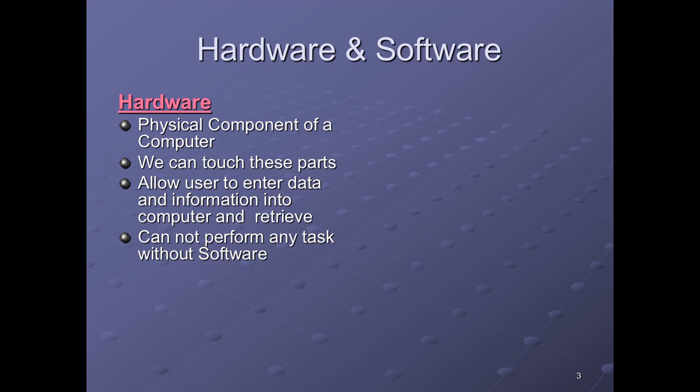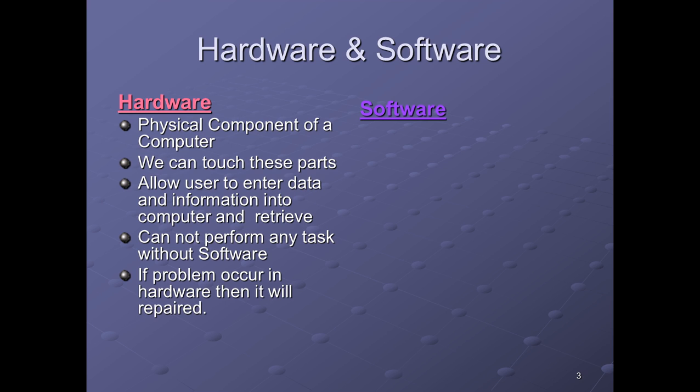Now, if a problem occurs in hardware, then it will be repaired or replaced. Okay, now the software. Software is the logical component of a computer. This one we cannot touch, and these are in the form of instructions.